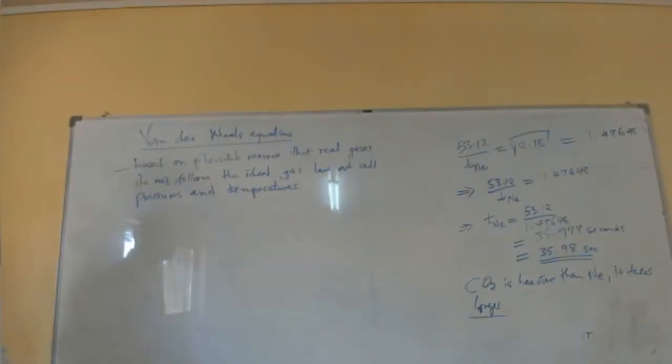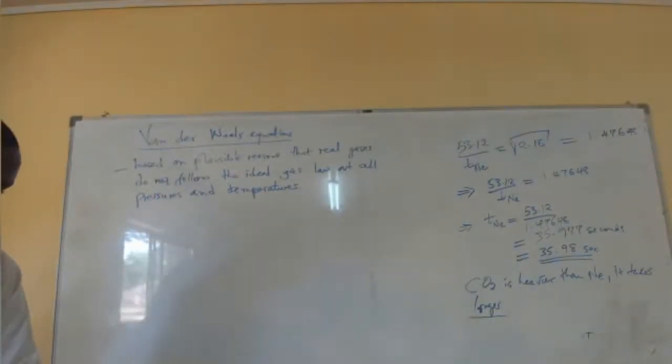This is not true for real gases because they actually have a volume, okay? And therefore, if we were to use the ideal postulates here, or the kinetic molecular theory postulates here, we would be getting inaccurate numbers. And that is why we are saying that if we need to have super accurate numbers, then we need to use the van der Waals equation.